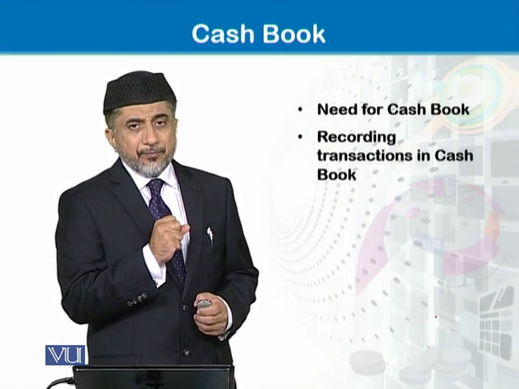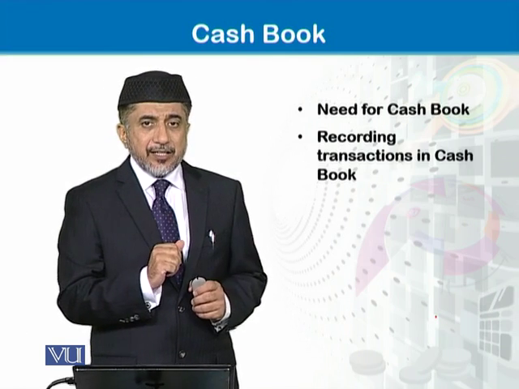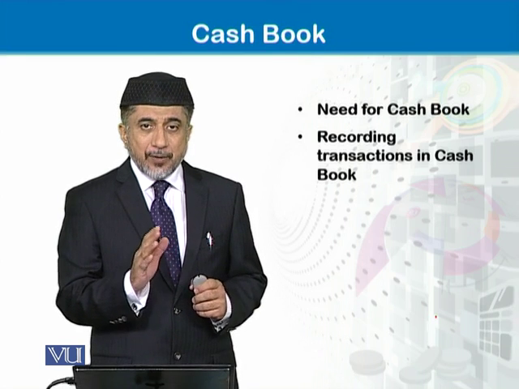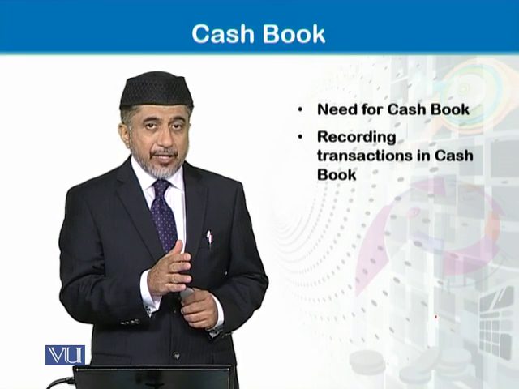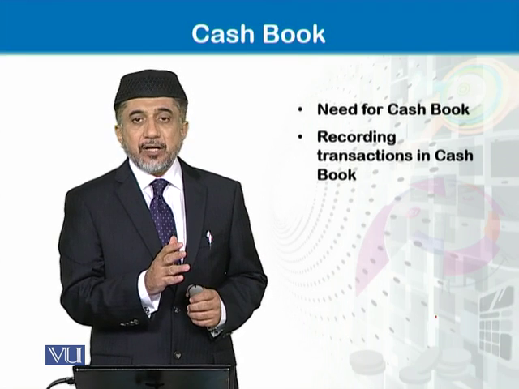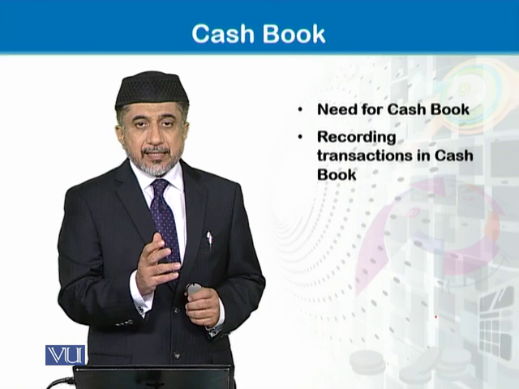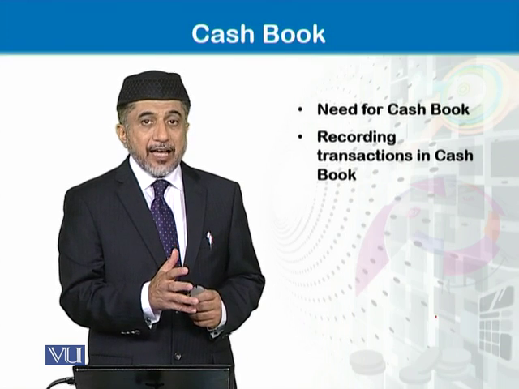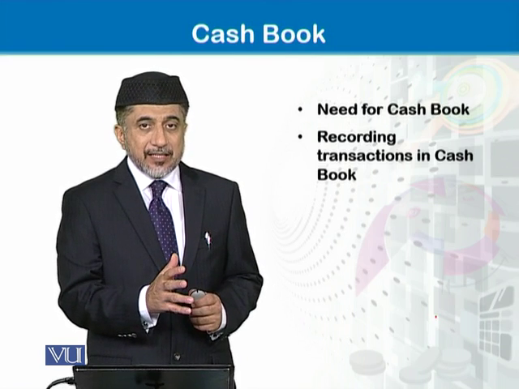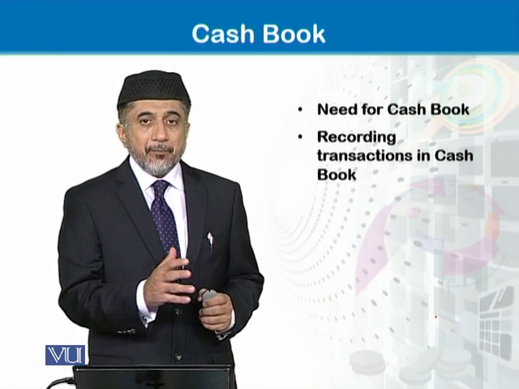How to record? Cash book is generally divided into two parts. One is for cash receipts and the second one is for cash payments. So all the cash receipts are recorded on the cash receipt side and payments are recorded on the cash payment side.